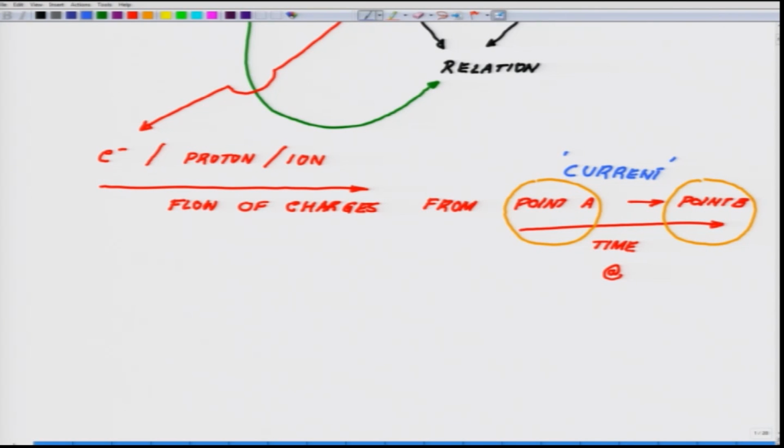Okay. So, unless point A is sitting at a higher potential as compared to point B, there is no way that the charge will be drifting like this, unless you give extra energy into the system, where you can make a charge flow in the reverse direction.